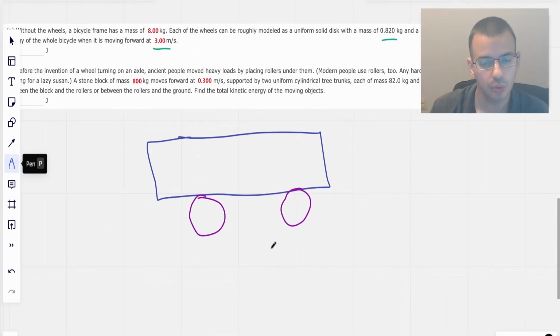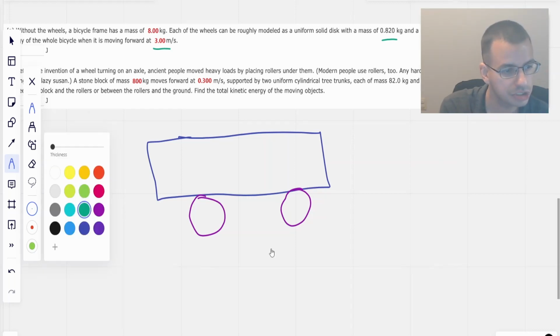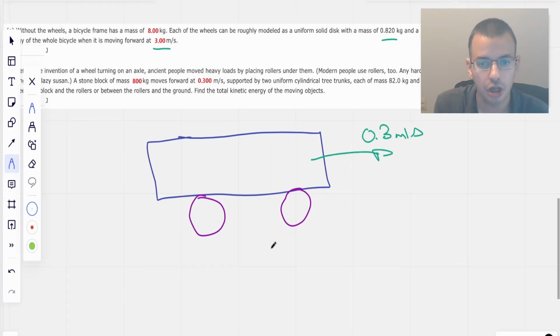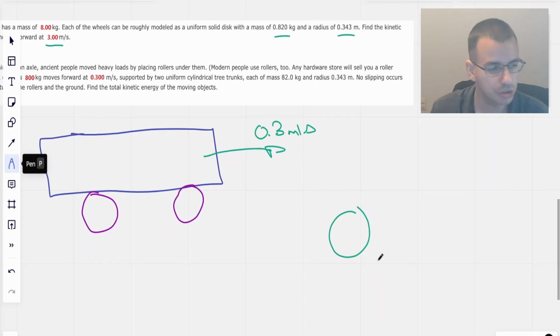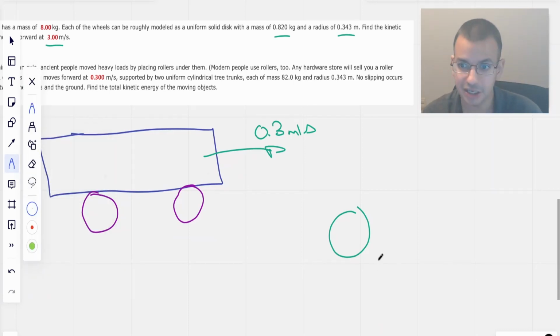And so the stone block is going to be moving forward at 0.3 meters per second. Well, if you have a wheel that's rolling, and this is one of those things where it intuitively does not make sense, but it's true.